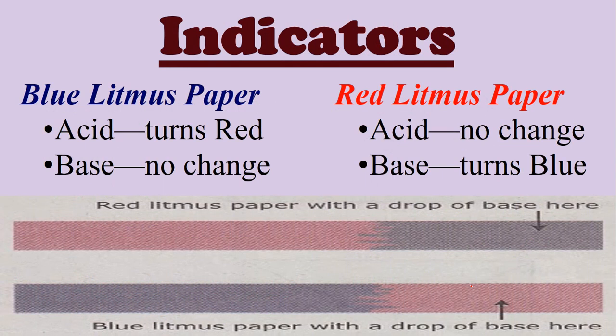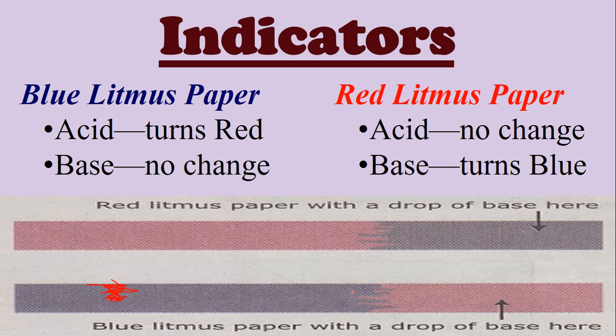Now, we do have some indicators where we can actually test in a chemical aspect if something is an acid or a base. The first two indicators are blue litmus paper and red litmus paper. Blue litmus paper is what you see down here at the bottom, a little blue slip of paper, and you dip it into a solution.